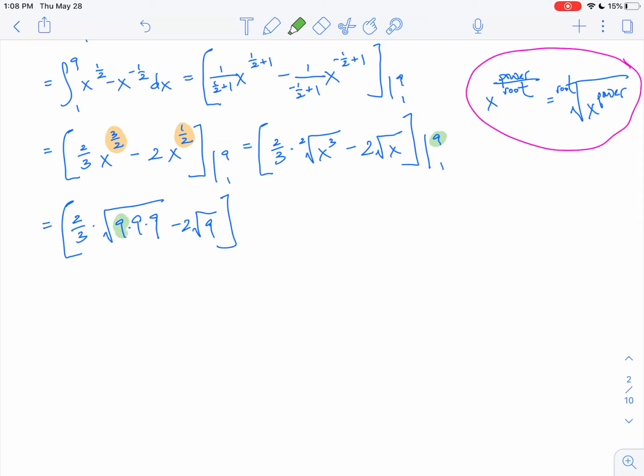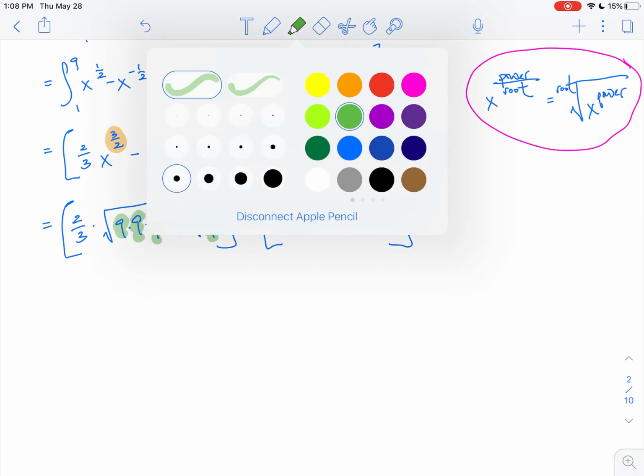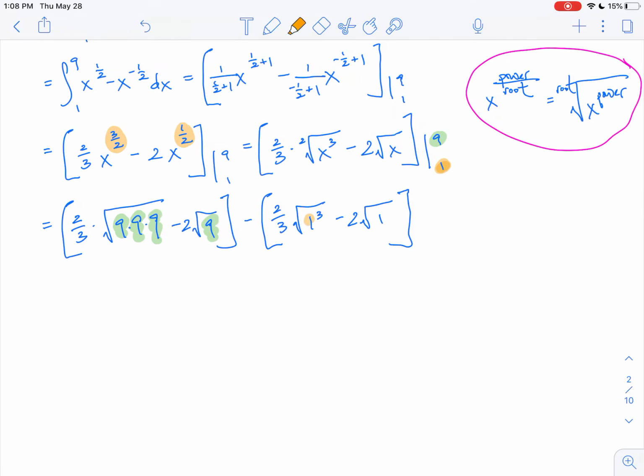I'm plugging in 9 for my x's, minus, let me plug in 1 now. 2/3 the square root of 1 cubed minus 2 times the square root of 1. And that is my b value plugged in.